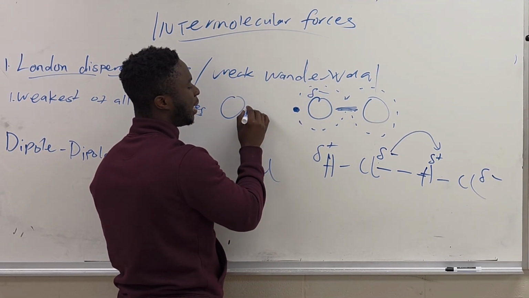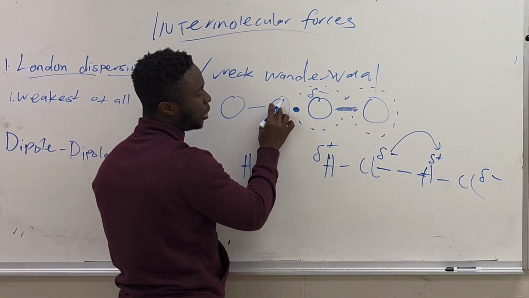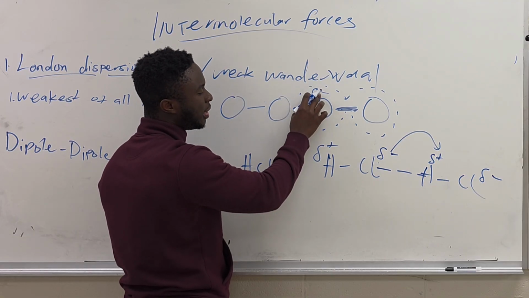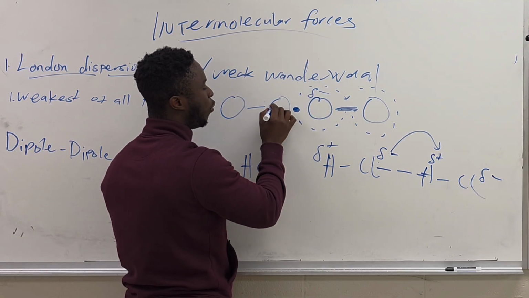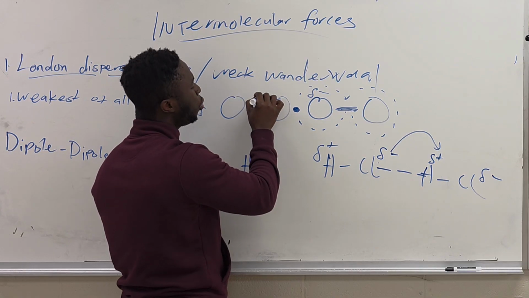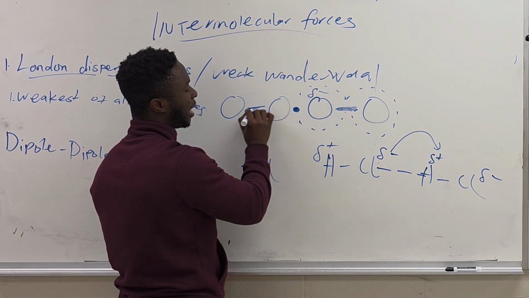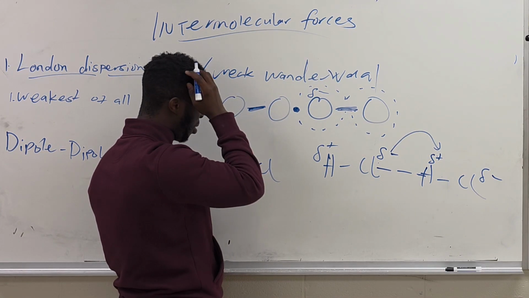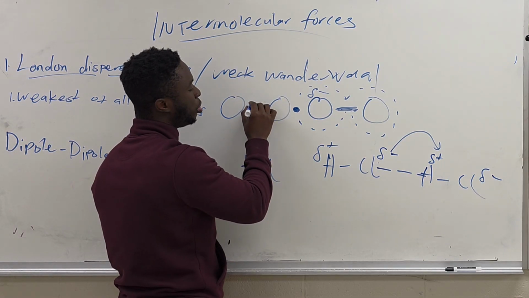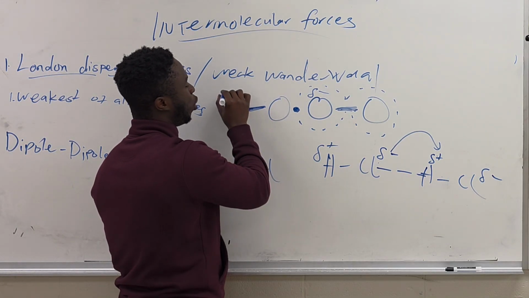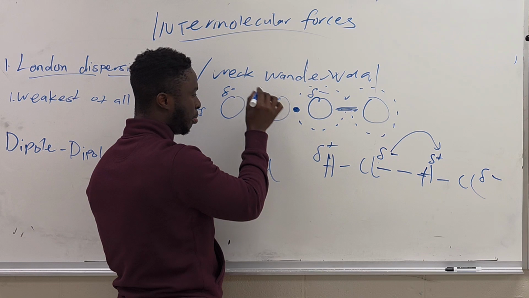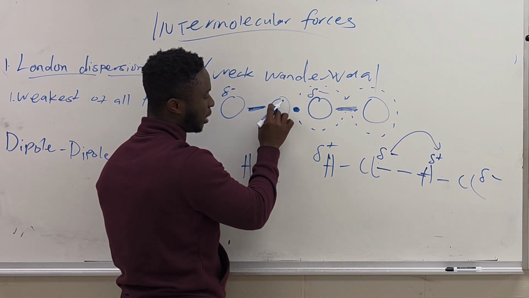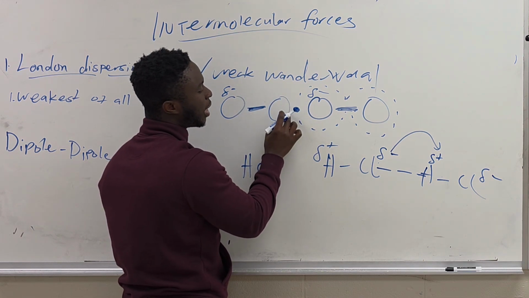So it will come here and induce another molecule in this vicinity. If this is positive, and let's say over here too we have similar charges, but its valence electron is nowhere to be found, it's, let's say, over here, and this has induced the negative, and this has induced the positive, right? They're going to attract each other.